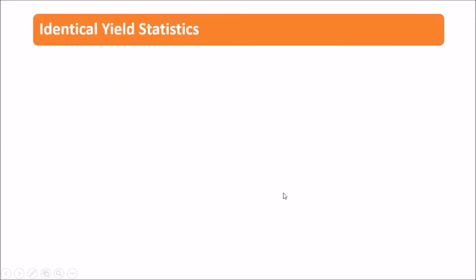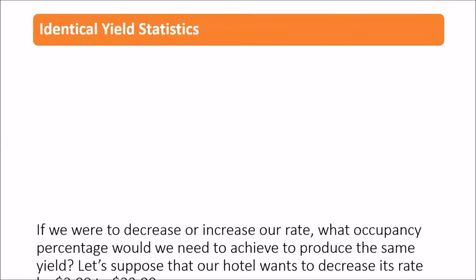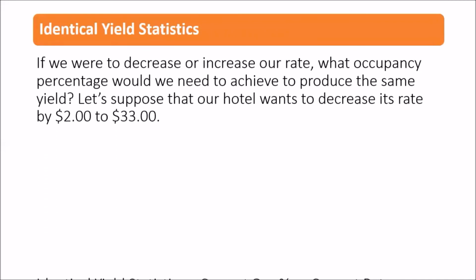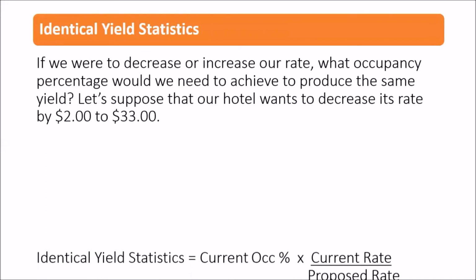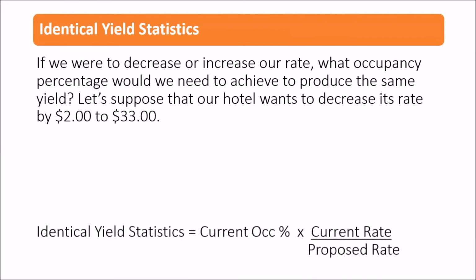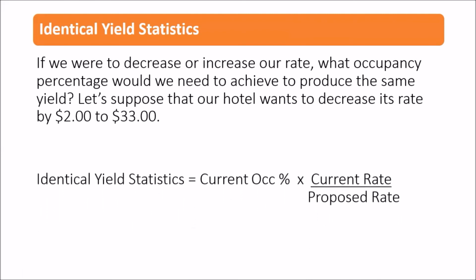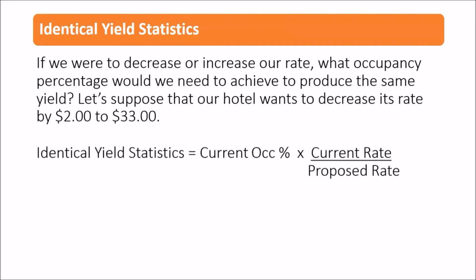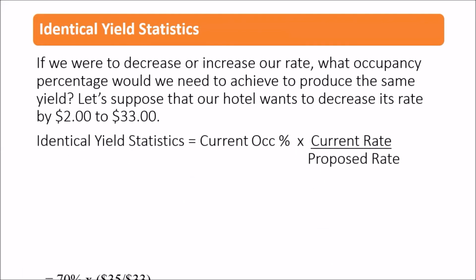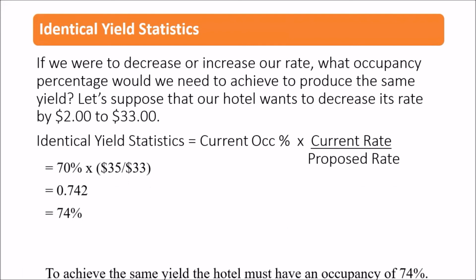Now, let's see what the identical yield statistic is. This is the point where we can ask how discounting will affect our revenue. If we were to decrease or increase our rate, what occupancy percentage would we need to achieve to produce the same yield? Let's suppose that our hotel wants to decrease its rate by $2.